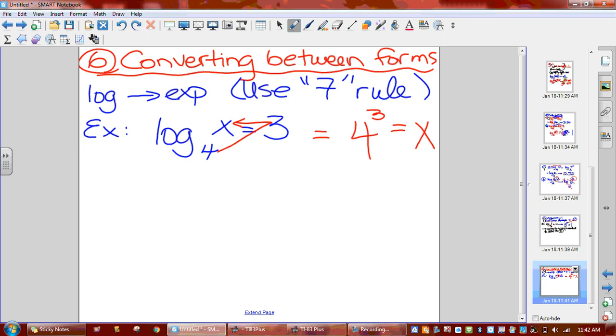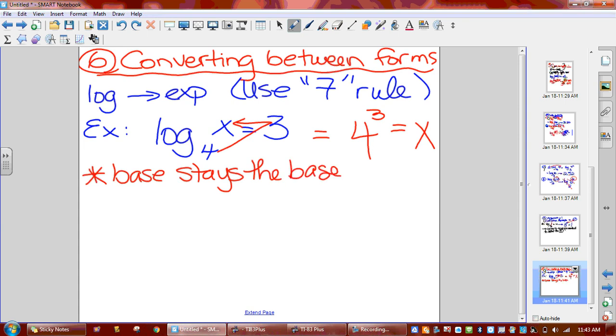So whenever you convert forms, the x, the argument, and the answer switch places, and the word log disappears. The base stays the base. That's super important. Whenever you convert back and forth, the base stays the base. Okay, so your base will always stay your base.